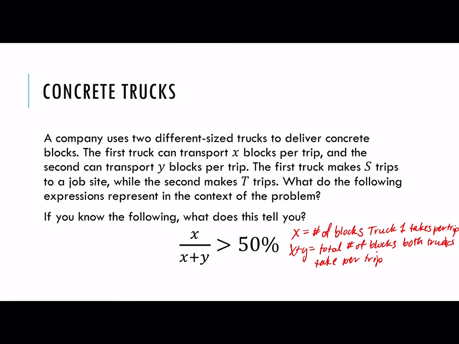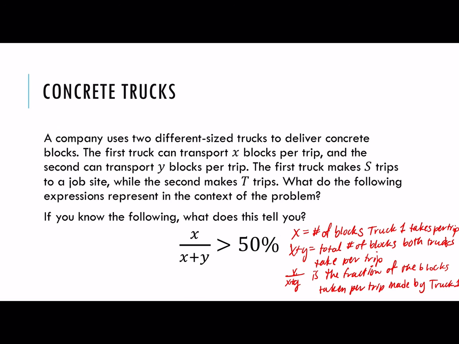Okay. And if I'm doing X over X plus Y, that looks like a fraction to me. So X over X plus Y is the fraction of the blocks taken per trip made by truck 1.